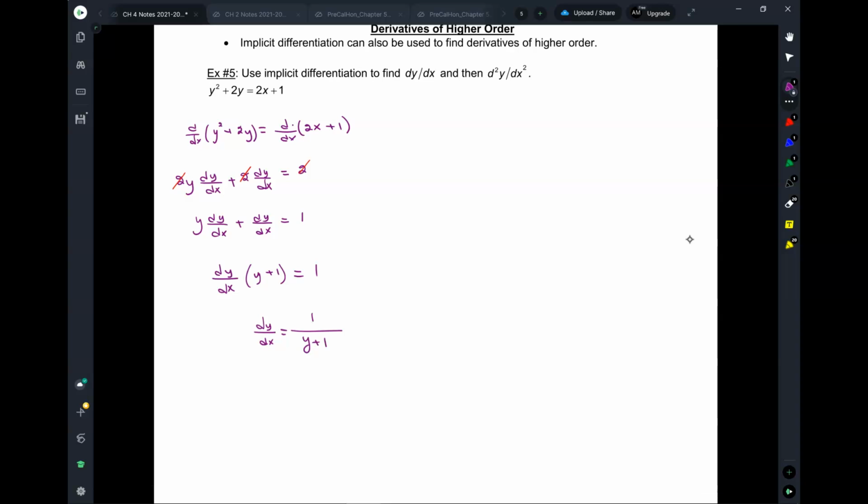Great. Now let's do d squared y over dx squared, the second derivative. Here's what I have: dy/dx is equal to 1 over y plus 1. I left some room after the equal sign, because what I want to do now is take a derivative of both sides of this.